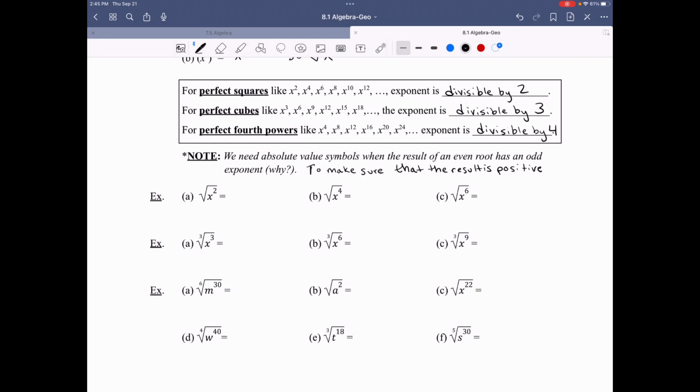Okay, so any time that we have an even root, we have to use the absolute values.